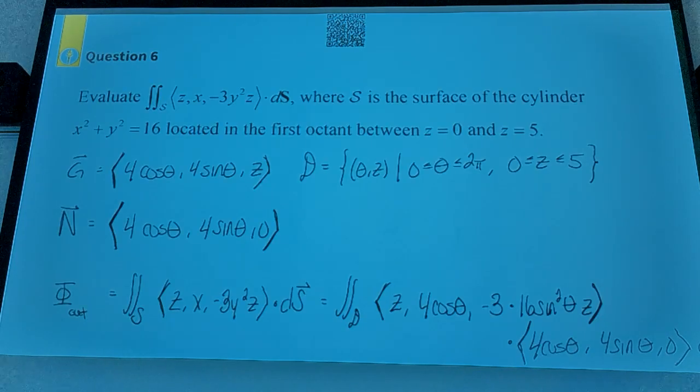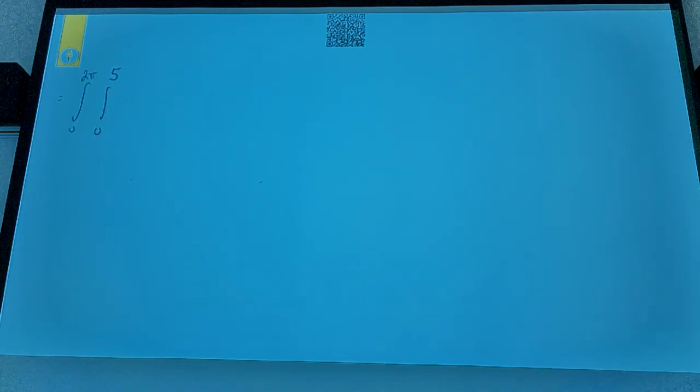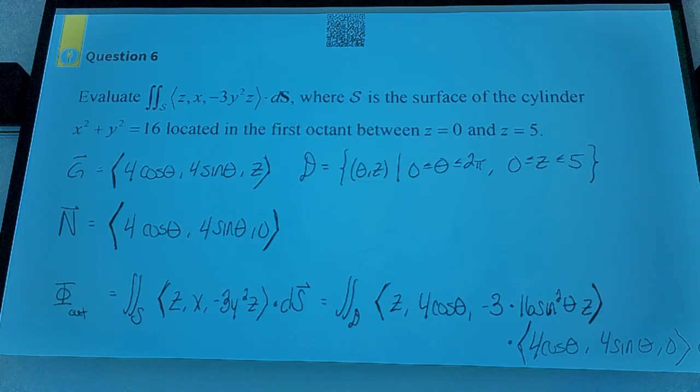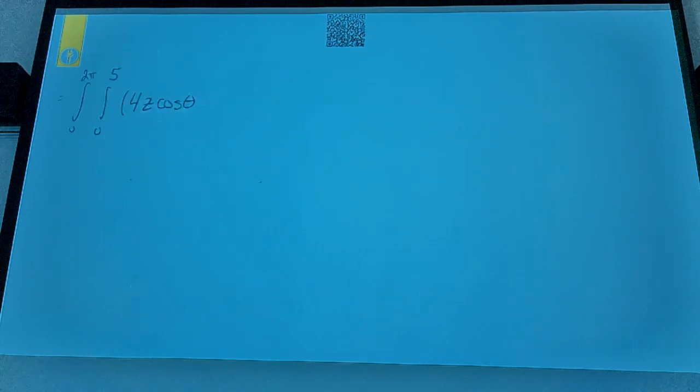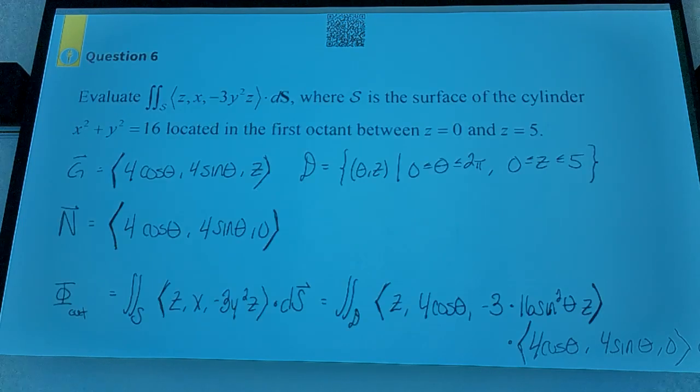Perform the dot product. 4z cosine theta plus 16 cosine theta sine theta and then plus 0.